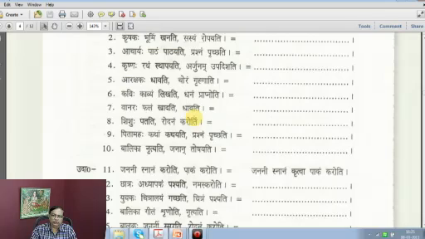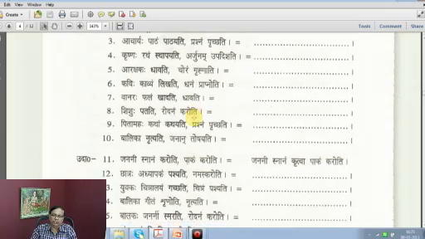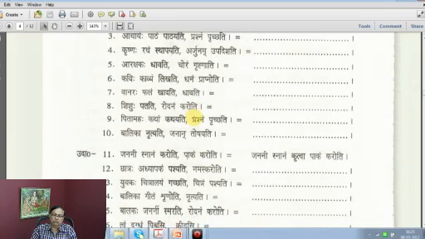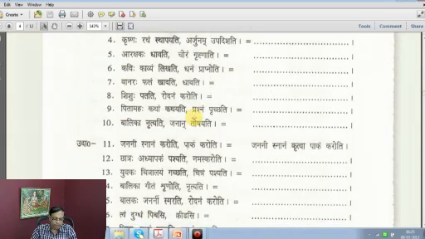Shishuhu patitva. Patati becomes patitva. Rodanam karoti. A child cries after falling down on the ground, understood. Shishuhu patitva rodanam karoti.